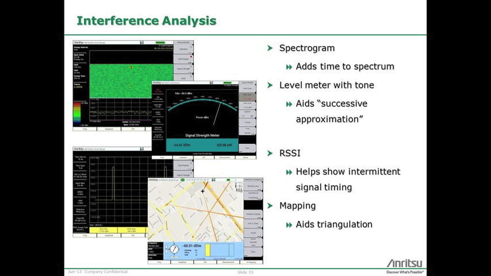But especially for intermittent signals, we show a narrow pulse that pops up occasionally, and that would be hard to see without burst detect, which we'll talk about as well. And then in-instrument mapping to help you triangulate the interfering signal.